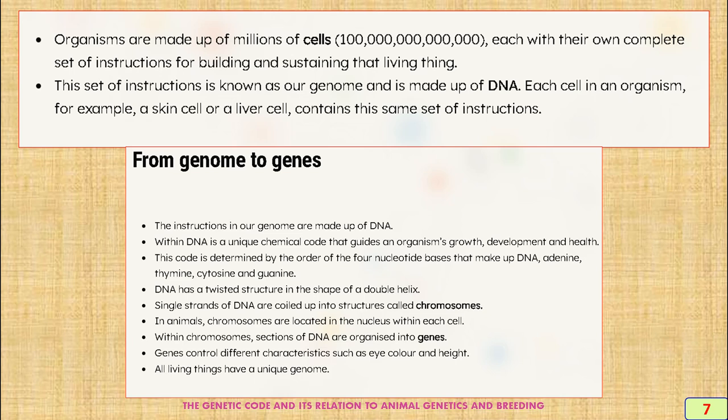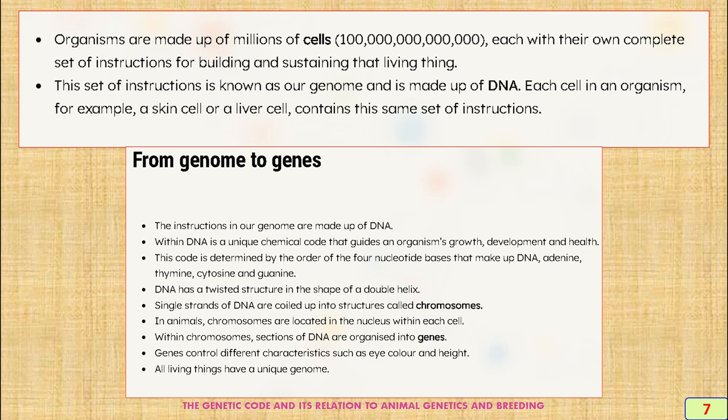In animals, the chromosomes are located in the nucleus of a cell. All animals have the chromosomes in the nucleus, not in the cytoplasm. Within the chromosomes, sections of DNA are organized into genes.